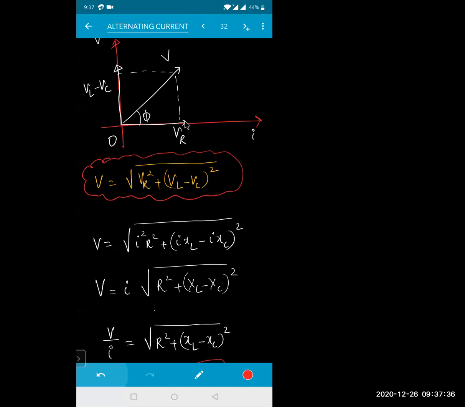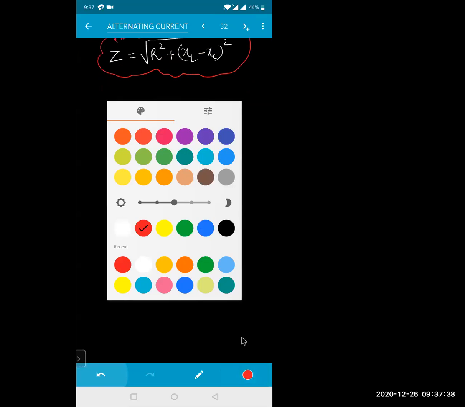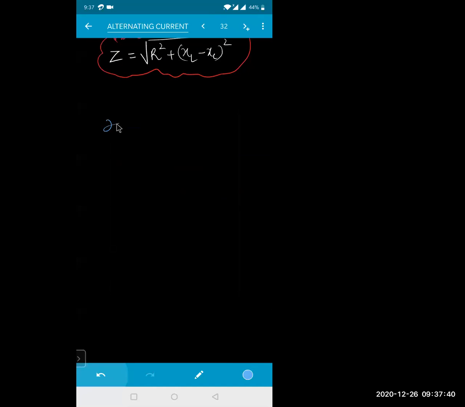So I can write from the given figure, tan phi will be equal to VL minus VC divided by VR. That means I can write I into XL minus I into XC divided by I into capital R. Everywhere I gets cancelled.